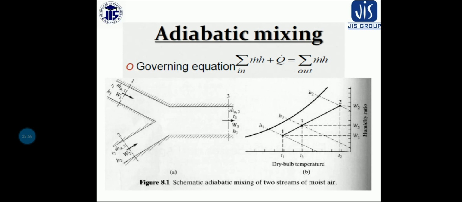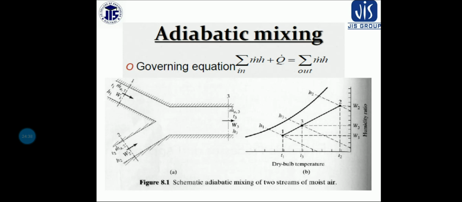If the specific humidity, enthalpy and moisture are taken, then we can say that the mass flow rate M1 into the difference between the specific humidity of section 1 and section 3, W1 minus W3, is equal to the mass flow rate M2 into W3 minus W2, that means the specific humidity of section 3 minus section 2.